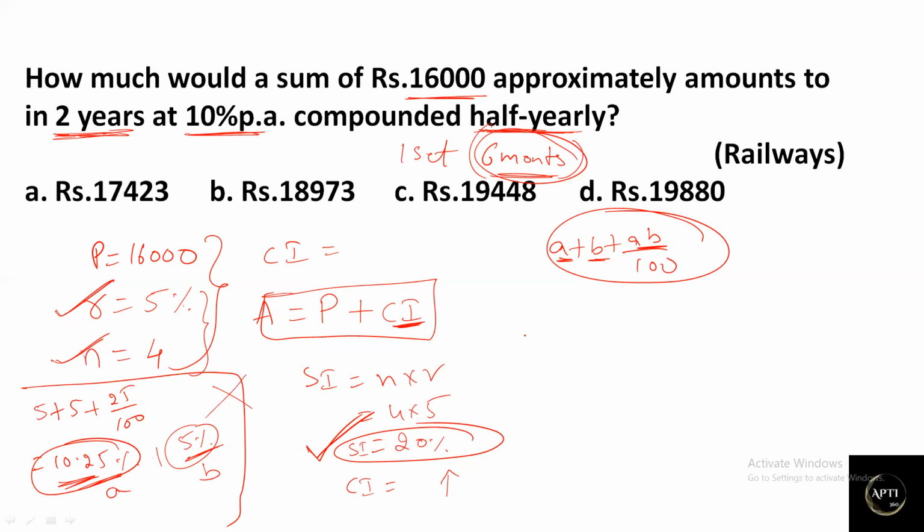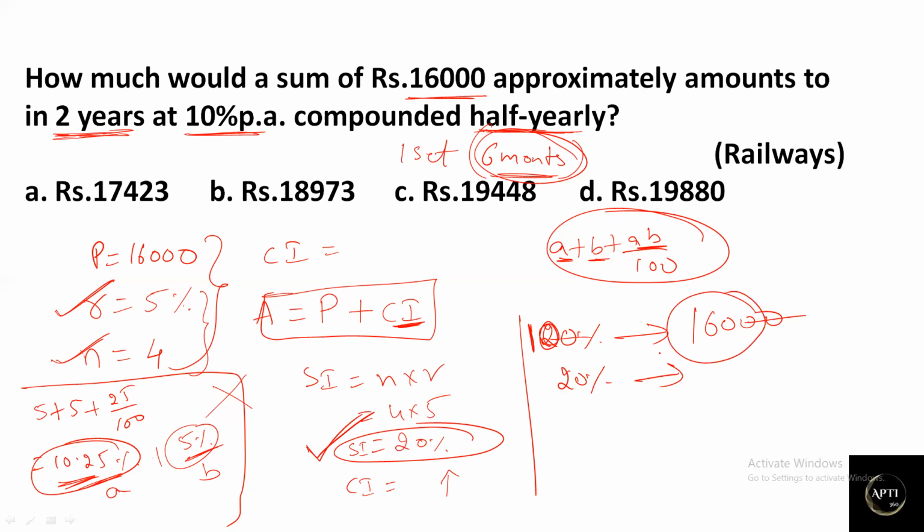Now 20% is simple interest. What is 20% of 16,000? 100% is 16,000, so it is better to consider 10%. 10% is 1,600.